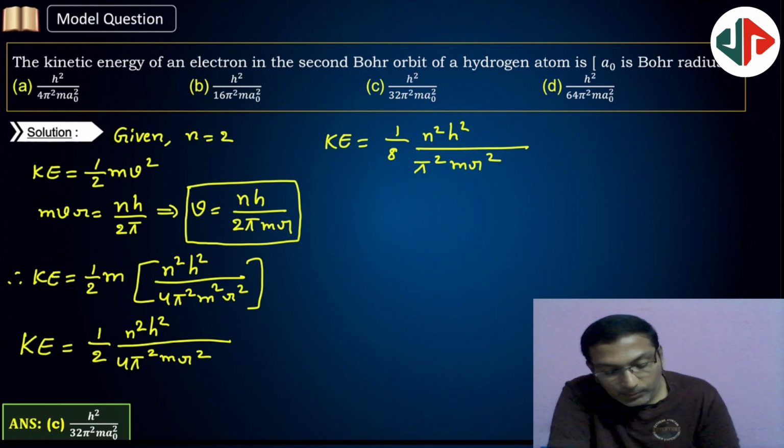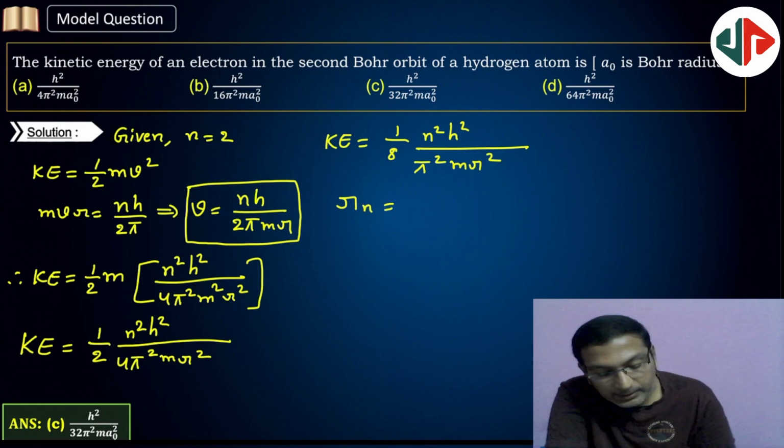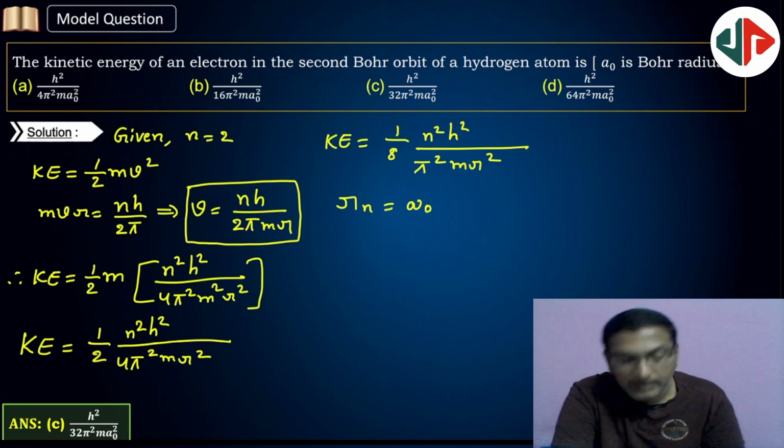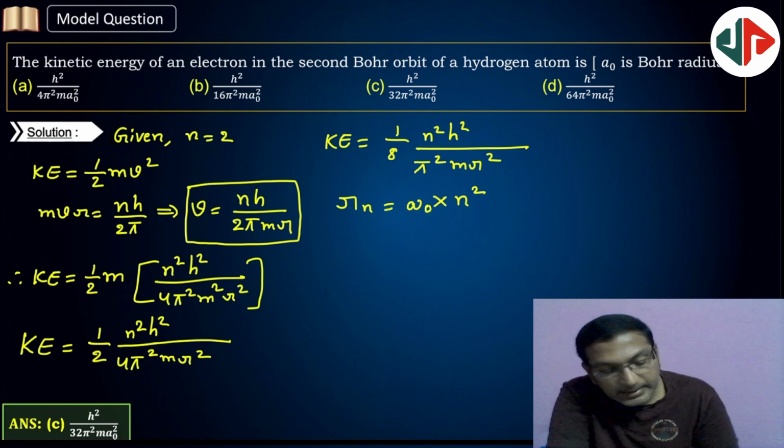Next, here one more point. Radius of nth orbit we know. Radius of nth orbit equal to a naught into n square, where a naught is the radius of first orbit of hydrogen atom. So the second orbit is given, therefore R2, radius of second orbit, equal to a naught into 2 square, which is 4 a naught.